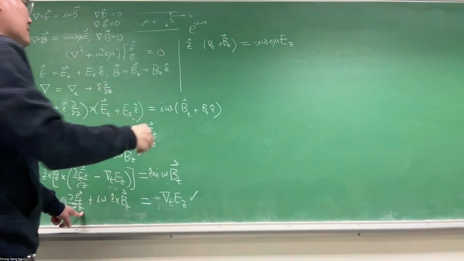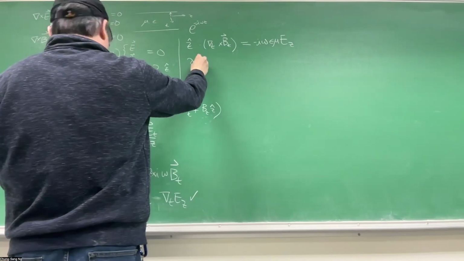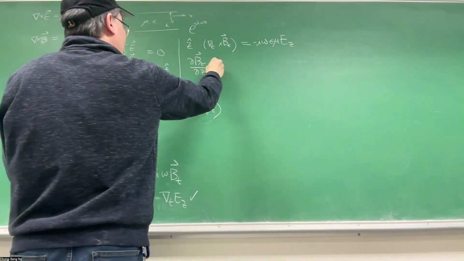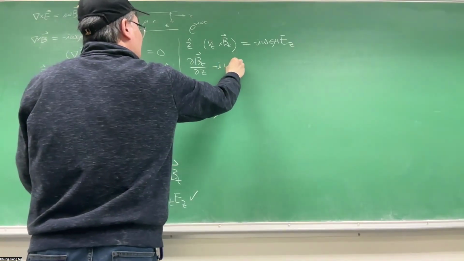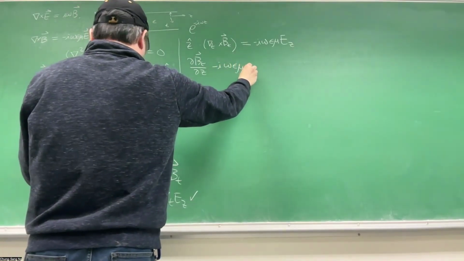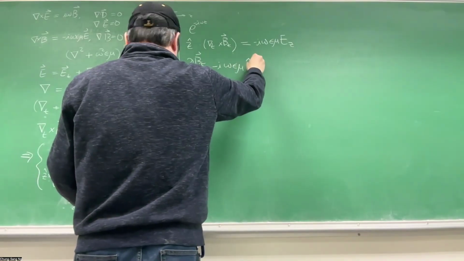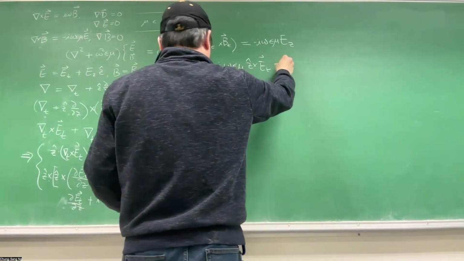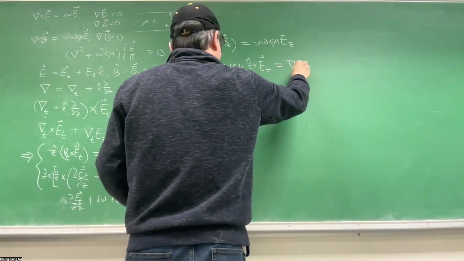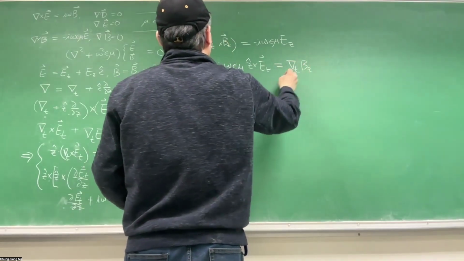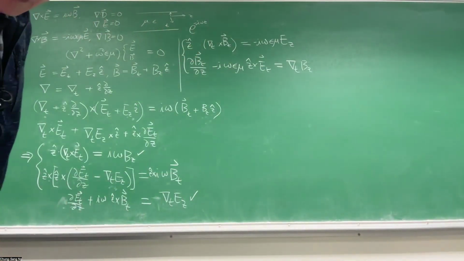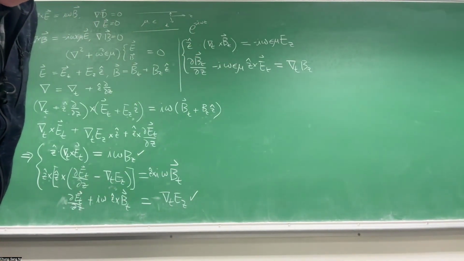And likewise, this equation changes to ∂B_t/∂z minus iωμ ẑ × E_t equals grad_t B_z. Right. So these two are the two equations, 8.24.